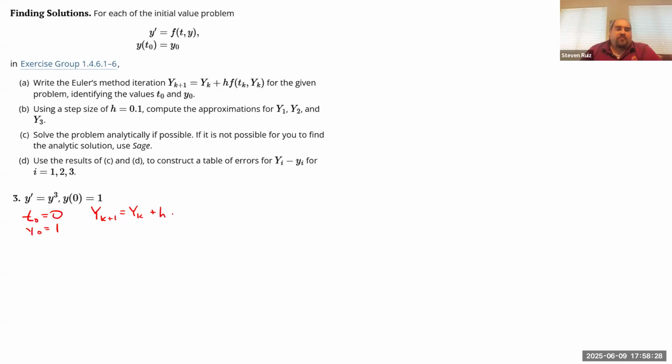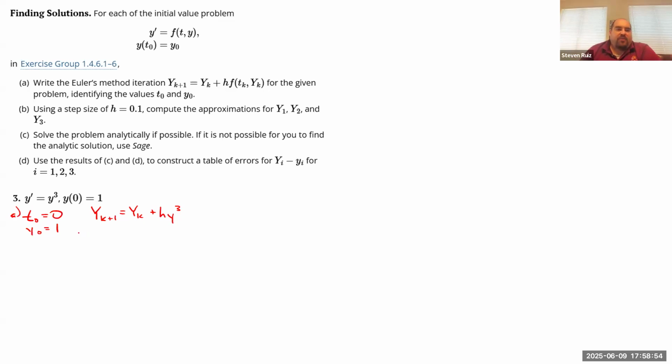And what is my differential equation? That is going to be y cubed. So this is going to be generally what I'm going to follow for this question. So this is part A, basically just a rough setup.